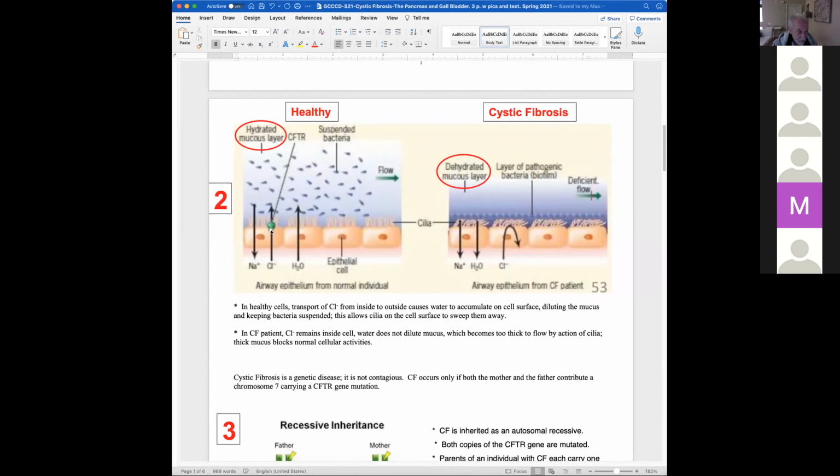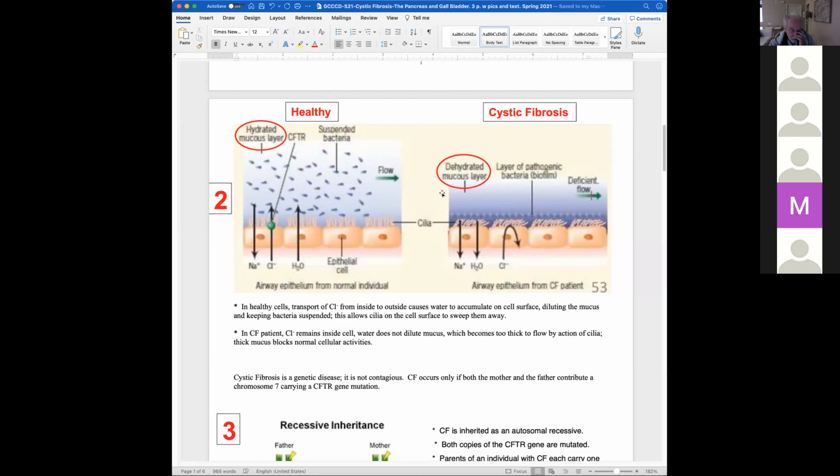When chloride ions are transported, so is water. Sodium ions go the opposite direction. And so the mucus is highly liquid, and these cilia on the surface of the cells keep it flowing. And if there are bacteria there, they keep being swept away.